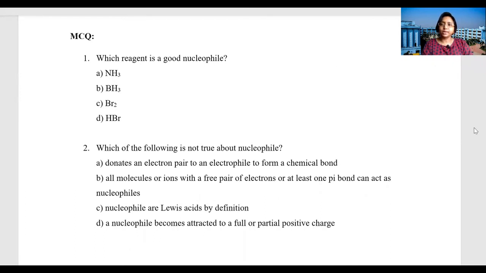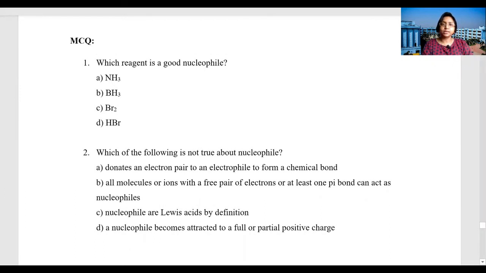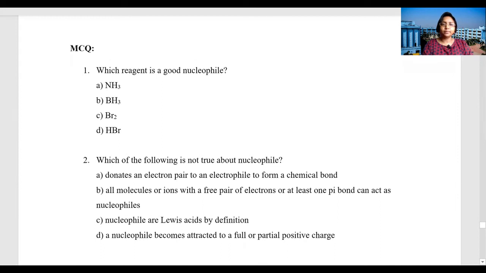Can you guess the answer? The example I have already given during my lecture. It will be NH3, ammonia. It is a good nucleophile, as the nitrogen can donate the lone pair of electrons.